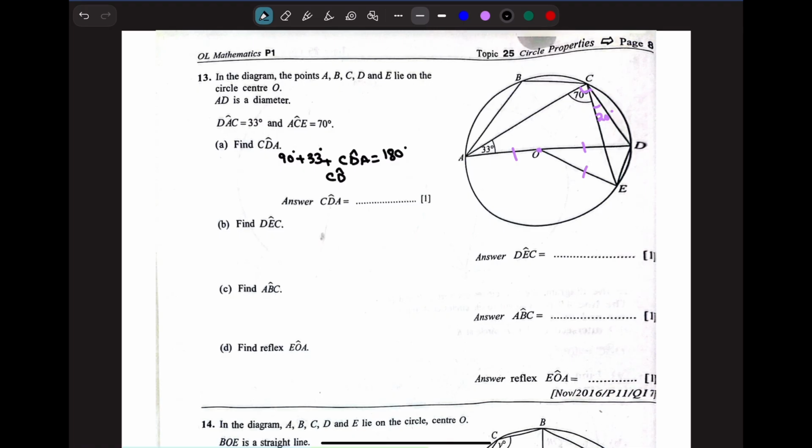So CDA is 180 minus 123, which gives CDA as 57 degrees. So this is 57.